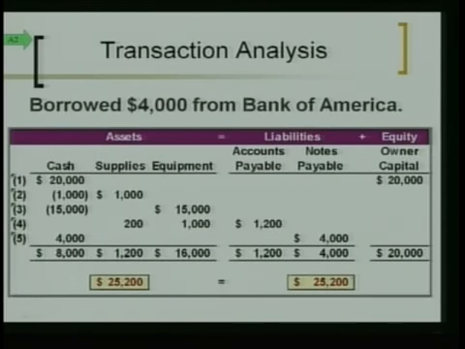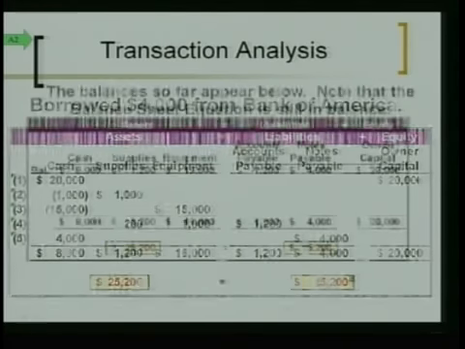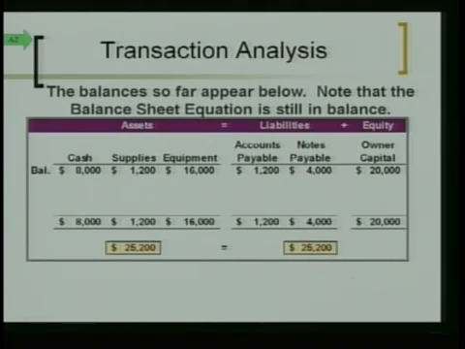How is that reflected in this analysis? Just as is shown. Notes payable goes up by $4,000 and cash goes up by $4,000. Does the accounting equation hold? Do assets still equal liabilities plus owner's equity? Yes. Next one. And it reiterates that in this slide right here.